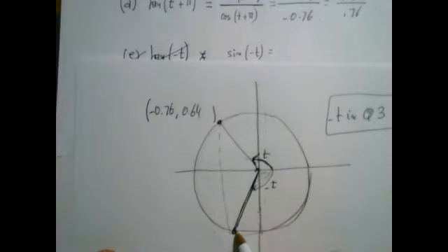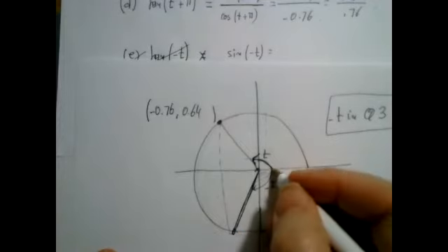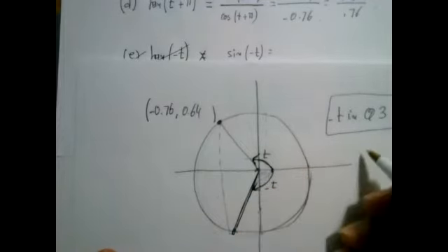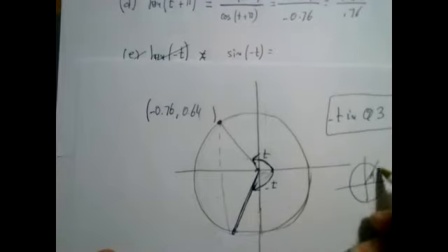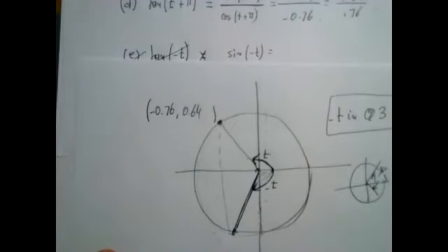Wouldn't that be minus t just because it's the opposite of the t over here, like it's the reflection? Right, you go in the opposite direction. So if this is pi over 3, minus pi over 3, you go in the opposite direction. That's what it is.